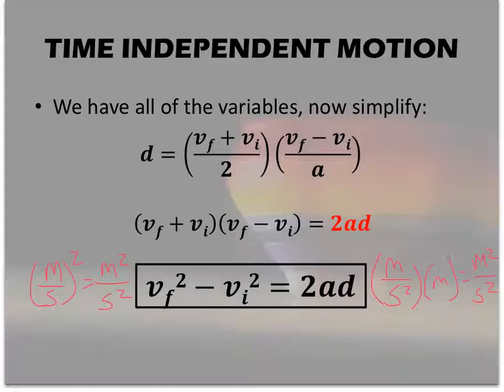So the units work out on both sides, with meters squared per second squared and meters squared per second squared. So the formula does work, and all these variables that we have do cancel each other out. And it's nice to have two formulas now, that one deals with final velocity, the other deals with time.